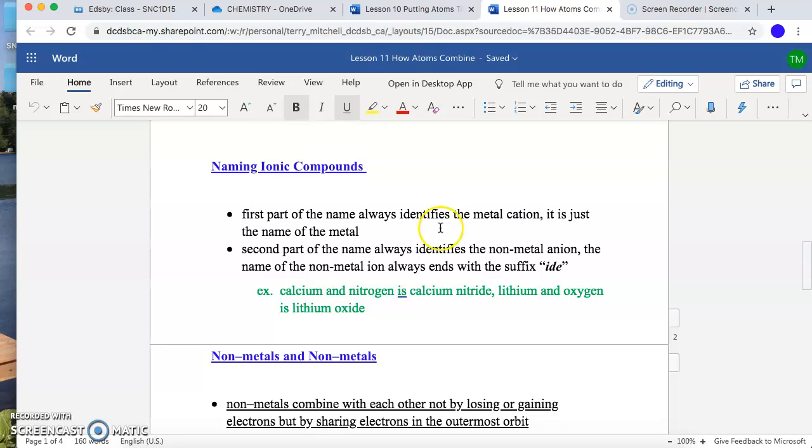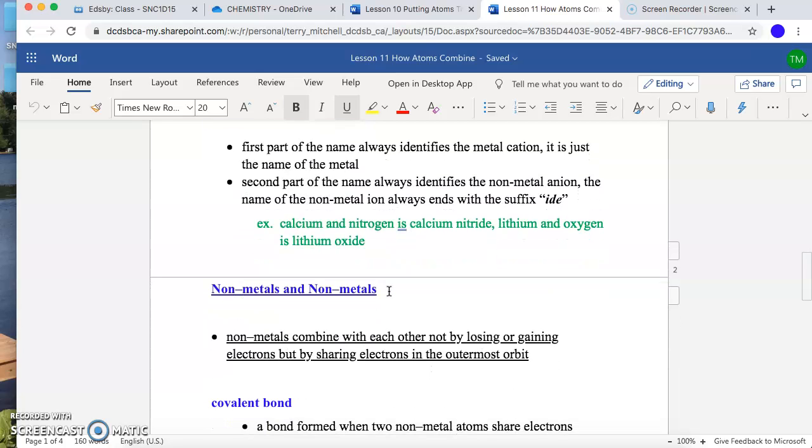So you can see in the examples, calcium and nitrogen become calcium, the metal first, and nitrogen, the non-metal, comes second, and you change the ending to -ide, so it becomes calcium nitride. Lithium and oxygen: lithium comes first, the metal, and oxygen changes to oxide. Sodium and chlorine becomes sodium chloride. Magnesium and oxygen, magnesium oxide.